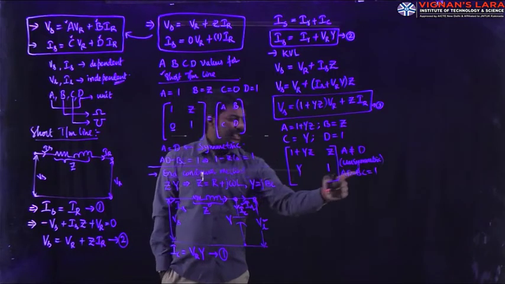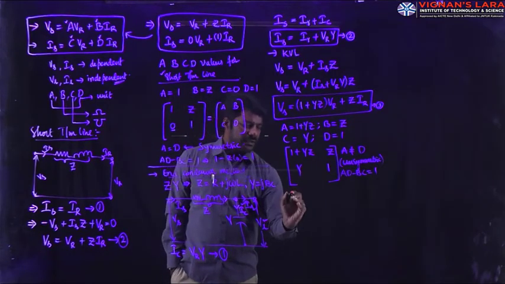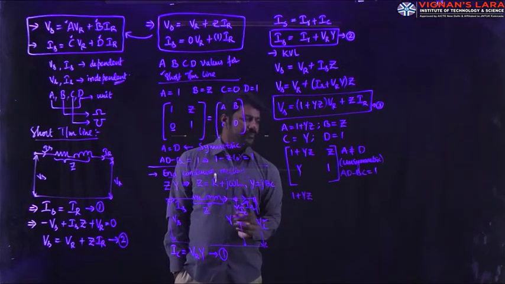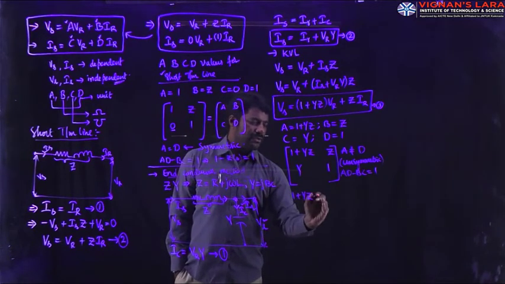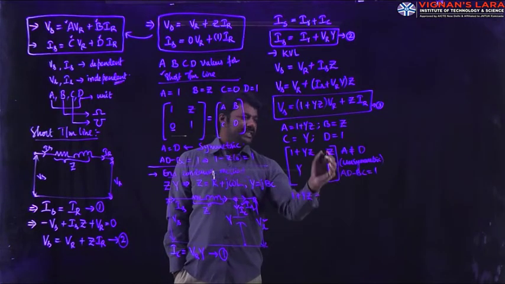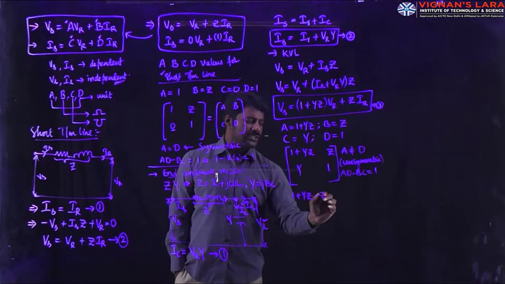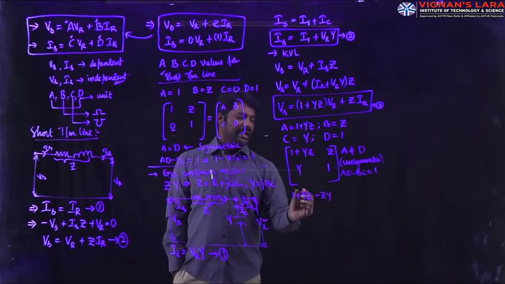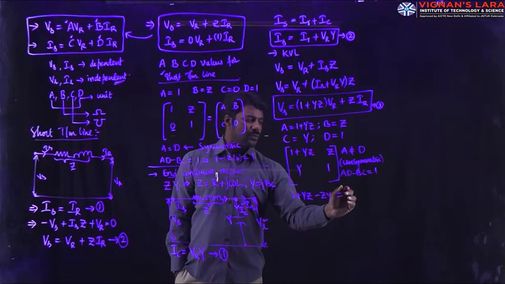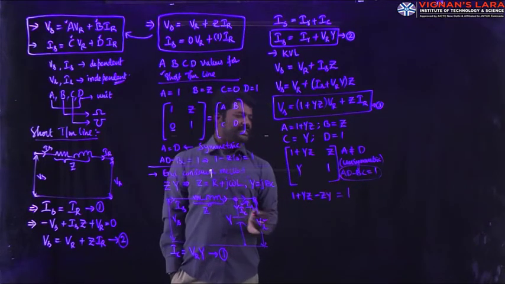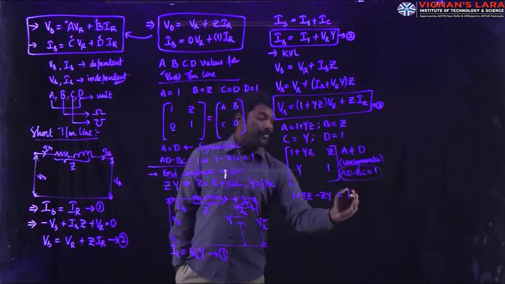In the AD minus BC calculation, AD is 1 plus YZ, minus BC, where B is Z and C is Y; the ZY terms cancel and the value is equal to 1. Since this condition is satisfied, we can say this network is a reciprocal network.